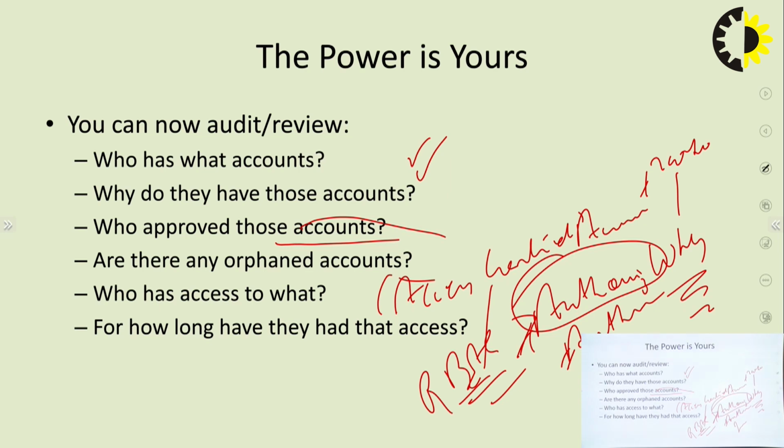Based on the role an individual has in the organization we are dealing with, the roles need to be properly defined, and based on those roles, the access needs to be given. For how long they have that access, for how much period of time an individual had access to a particular account.